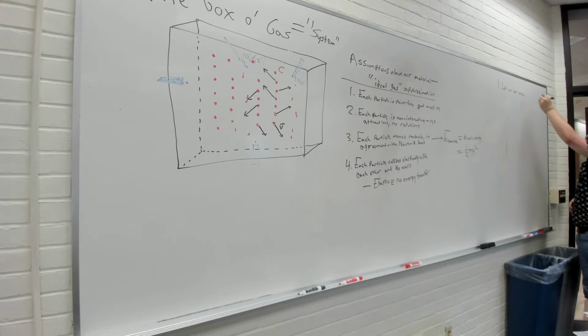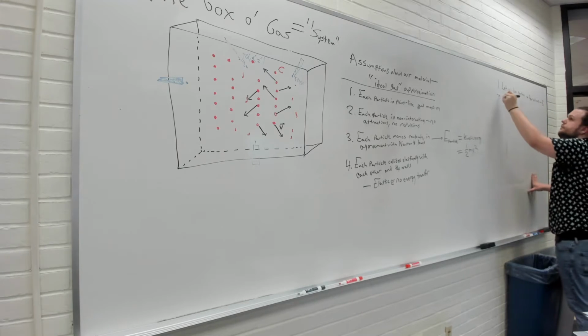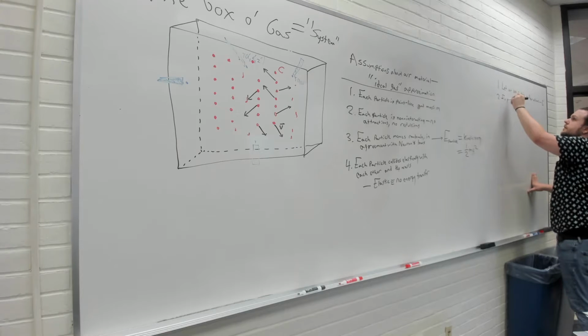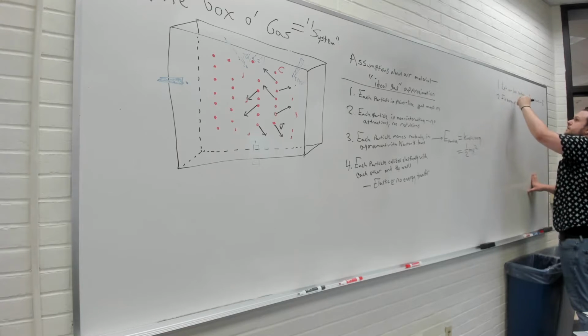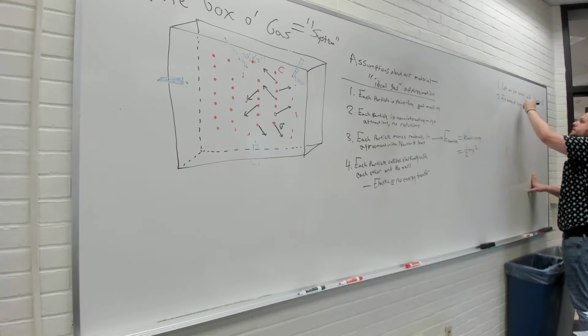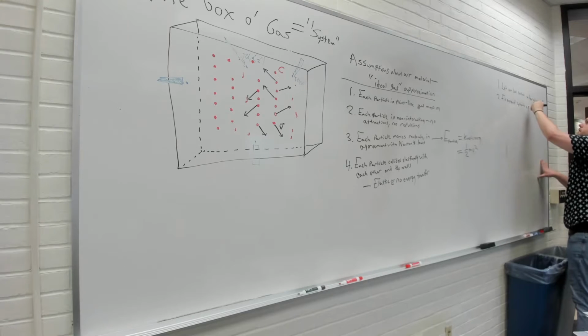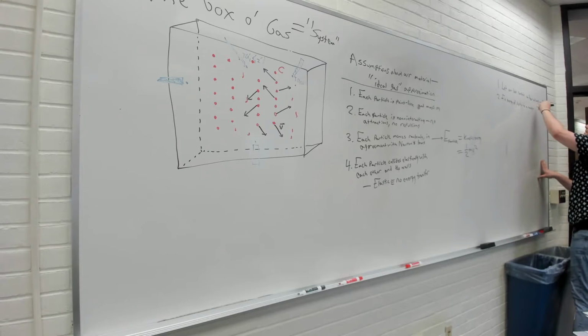Let's say 5. Then let's fix the energy of the system. It's some number. Let's call the number U.